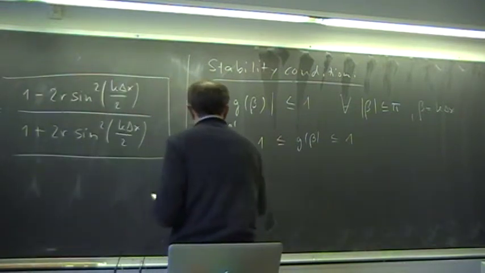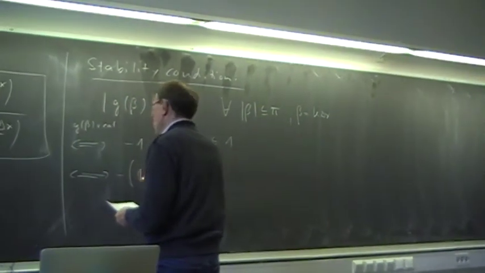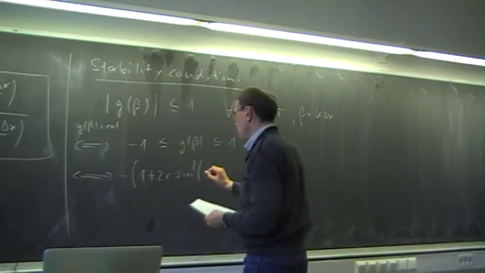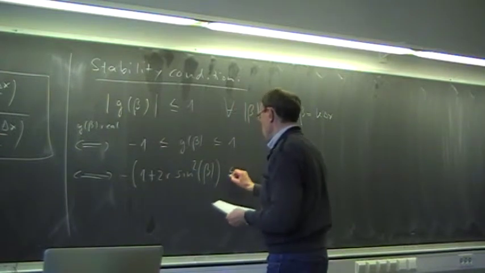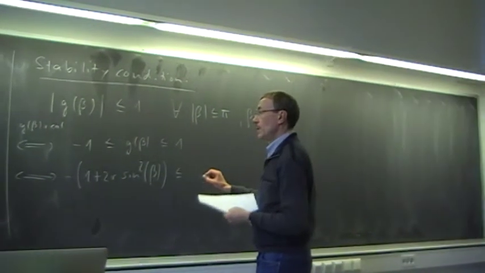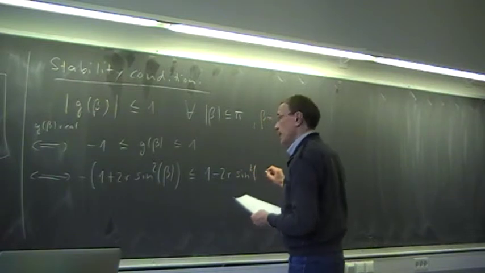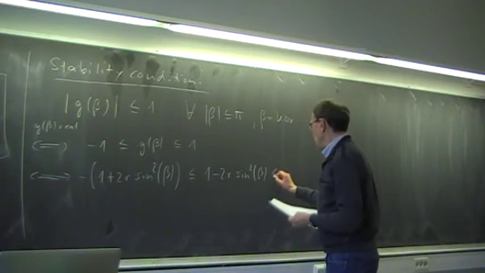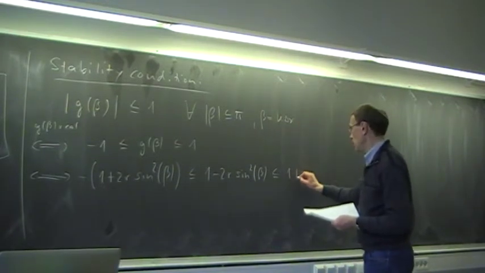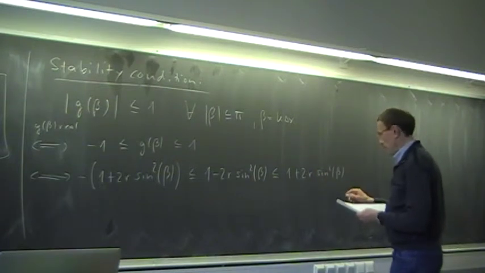Then this is equivalent to -1 plus 2r sine squared beta smaller or equal than 1 minus 2r sine squared of beta, and on the right-hand side 1 plus 2r sine squared of beta.